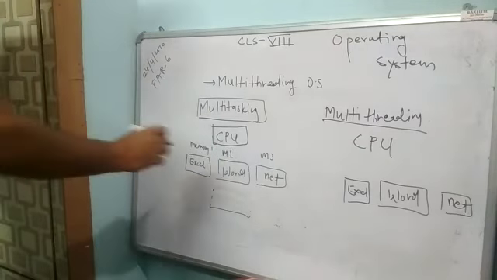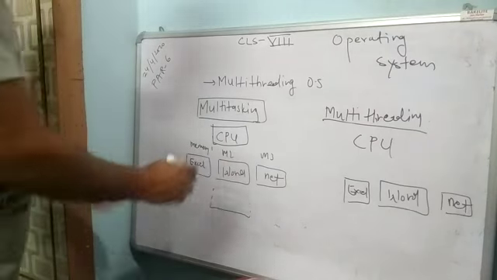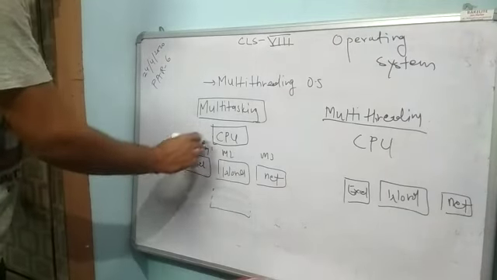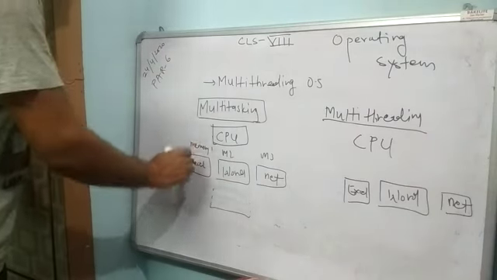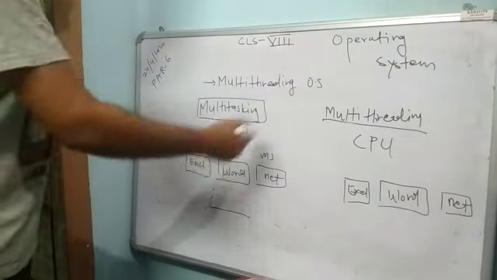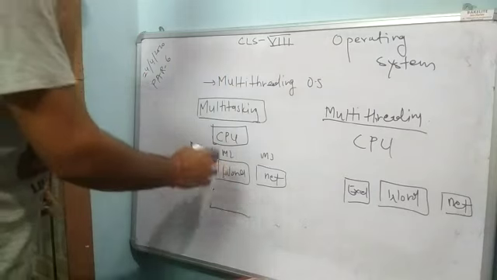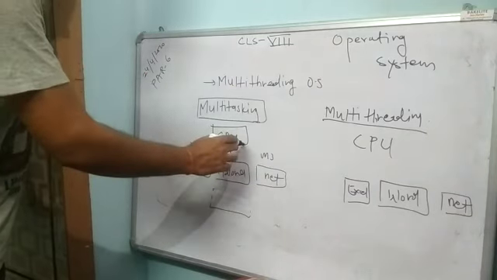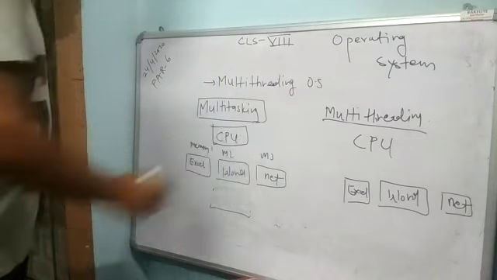If you are doing this, the CPU will hold the next process. It will take Excel. Once you switch to Word, the CPU will hold Excel and move on to Word. Once you switch to the net, the CPU holds the Word document and moves to the net.